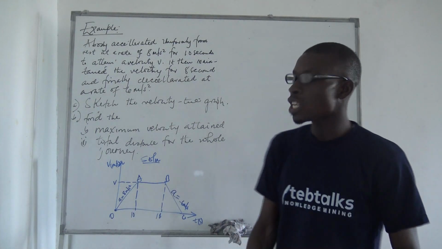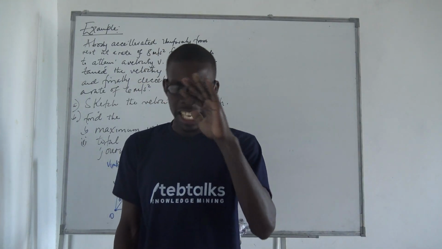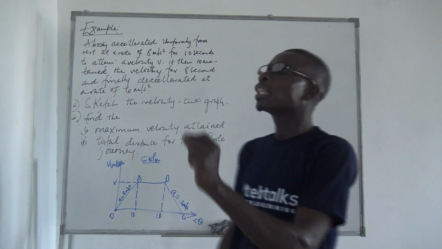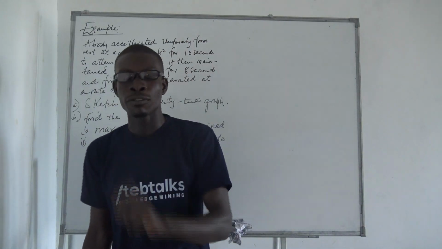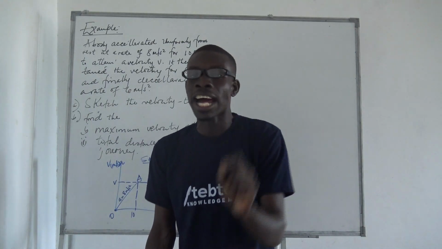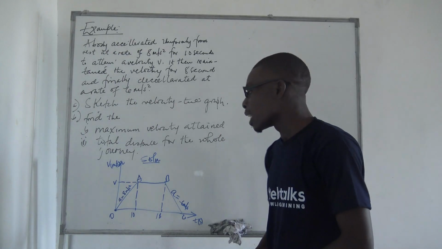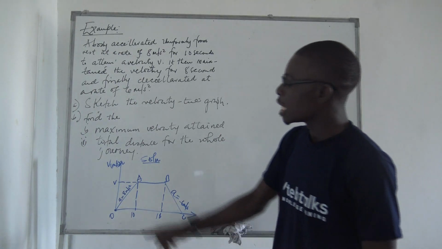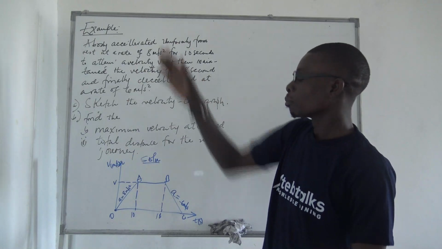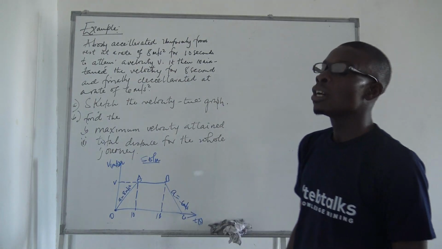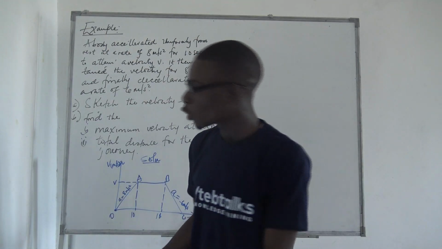Here the graph has a positive gradient. Remember when we are sketching the graph, this one is a constant gradient but negative. This is a constant gradient but positive. So it is very important that when I draw a graph, I put a positive to mean acceleration, and here I put a negative to mean deceleration.